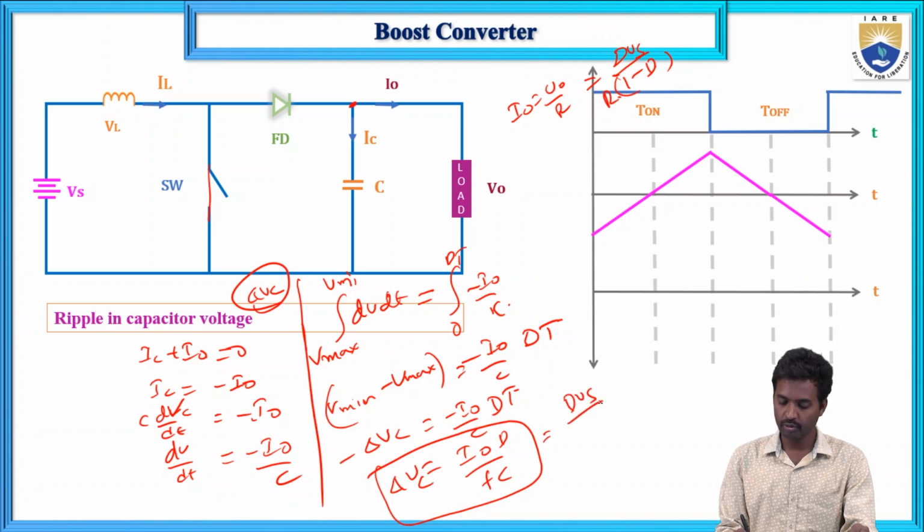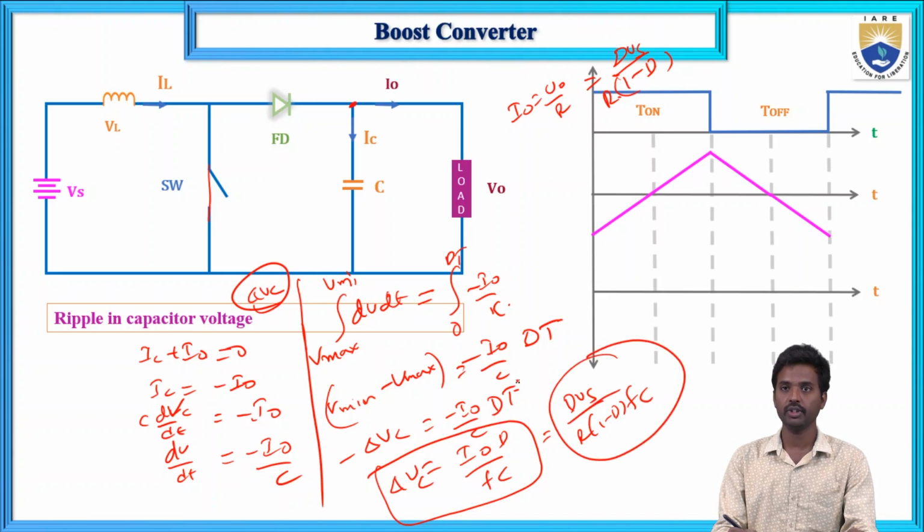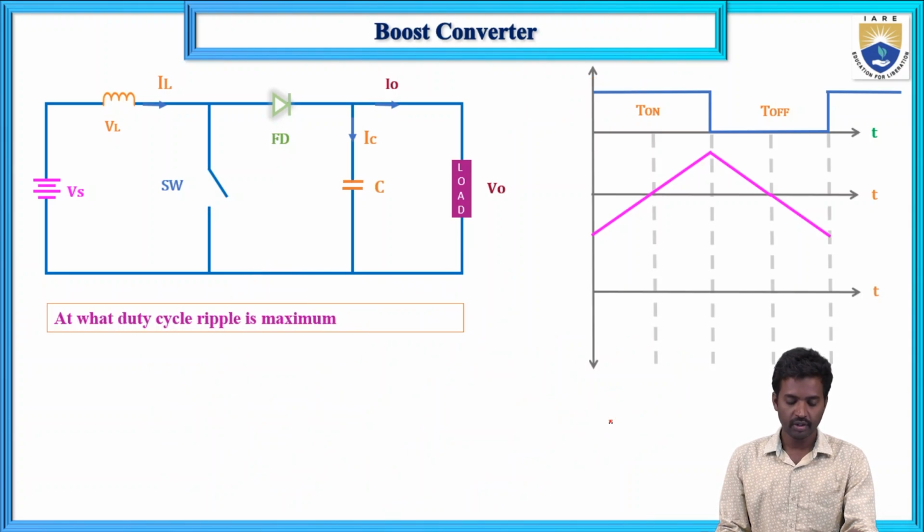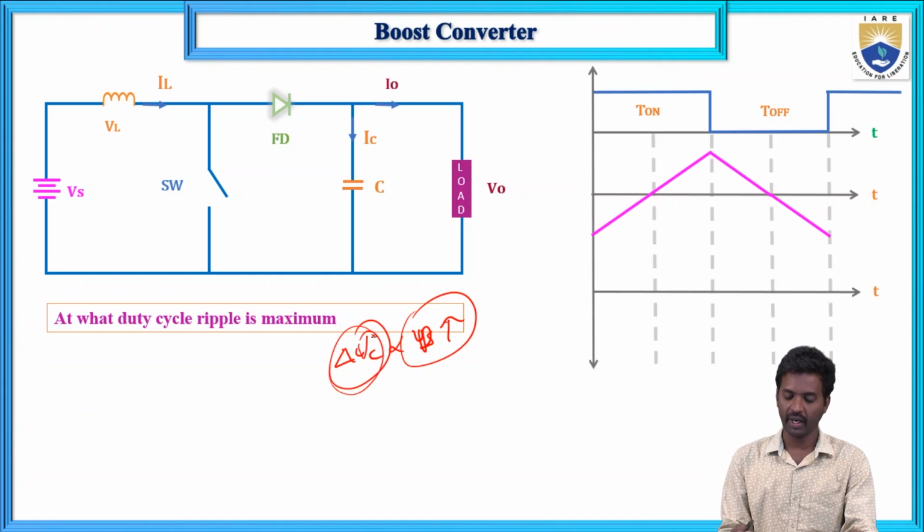So D into Vs by R into 1 minus D into F into C. This is the formula, just substitute in this, you will get the final value. So this is ripple in the capacitor. And next, del VC is directly proportional to D only. So when D is increasing, del VC increases, and for the maximum value of D, del VC is maximum.